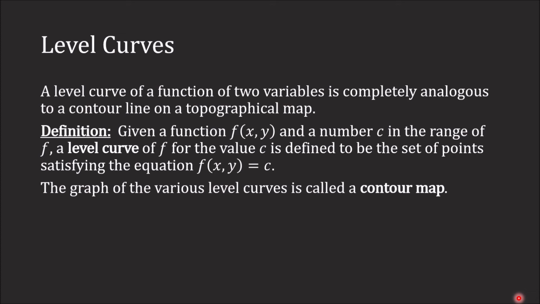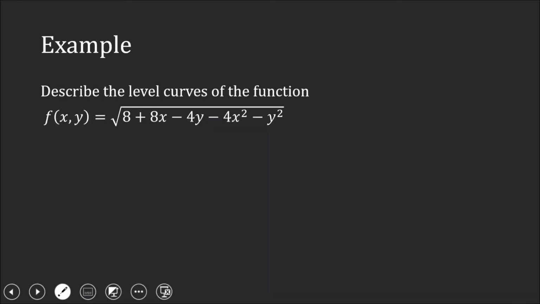So we're going to describe the level curves of this function. So remember to do that, we have to set f of xy equal to some value c in the range.